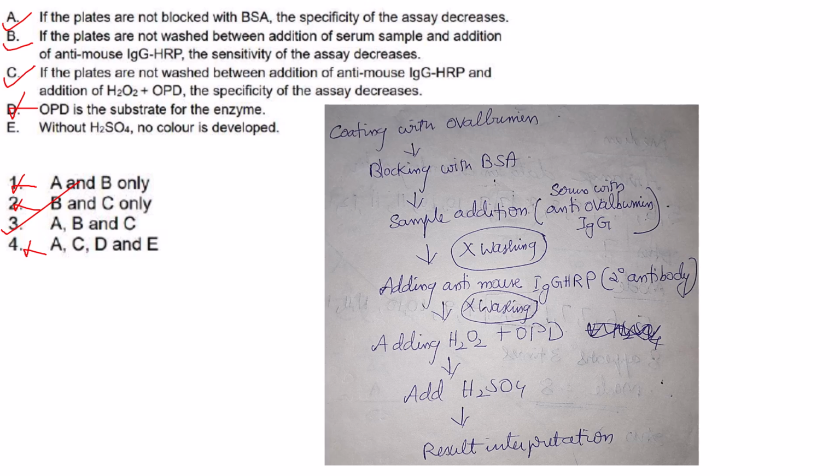Change in pH means the enzyme activity will decrease, because the pH change can denature the HRP enzyme, and it will stop the reaction from proceeding further, and it will stabilize whatever color product has been developed. And this is required for accurate measurement. So E is also not correct.